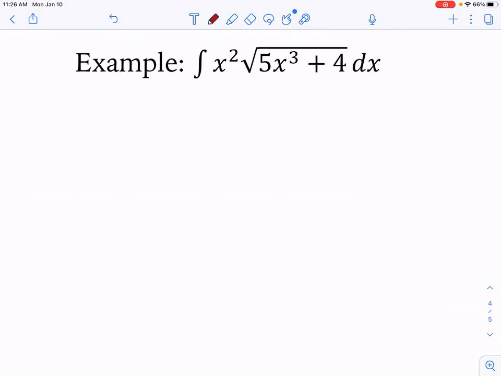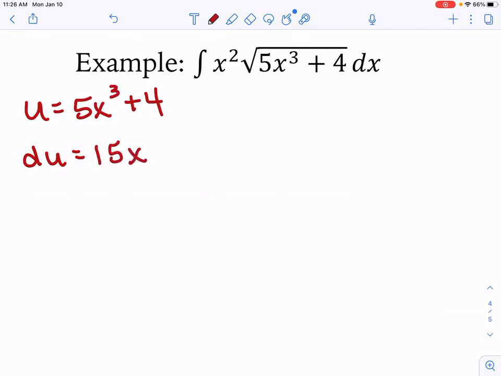So let's just say we wanted to try U substitution. What would we let u equal? And du would equal 15x squared dx. Okay, so here's the problem. I see x squared dx.